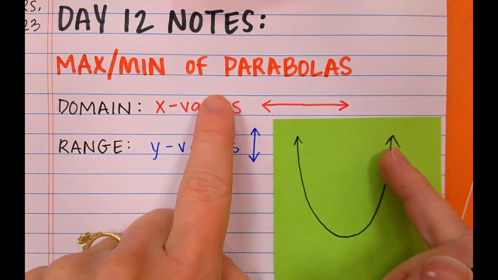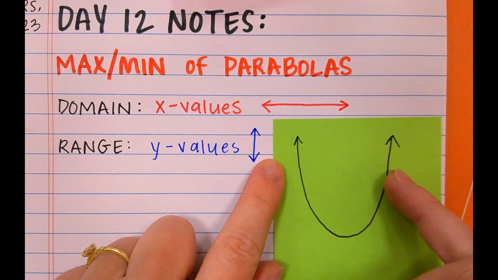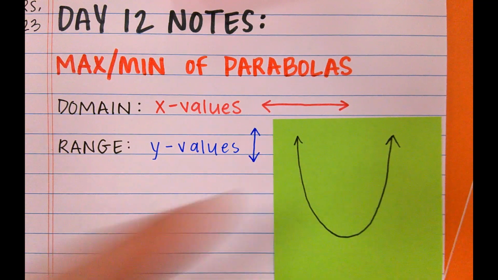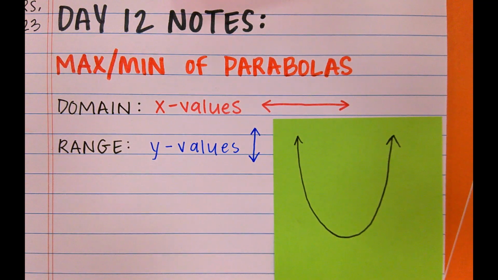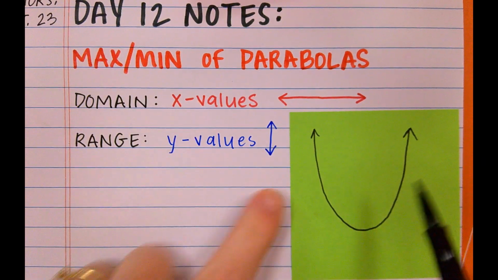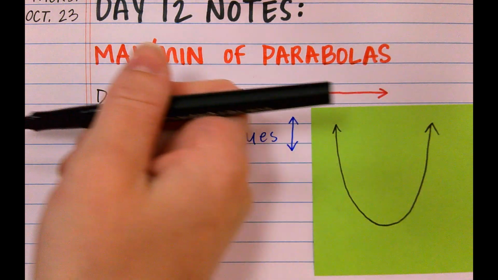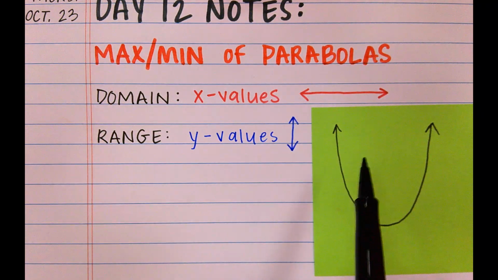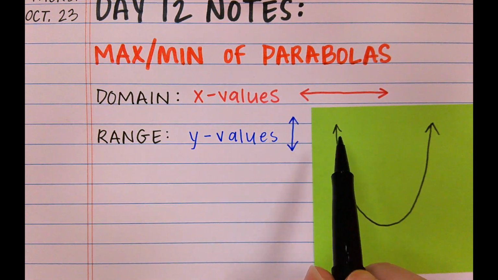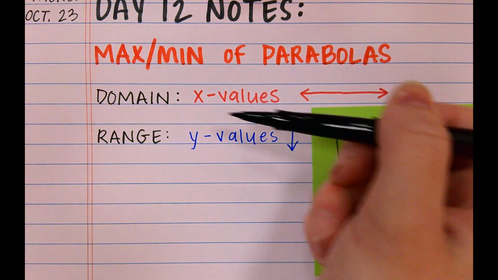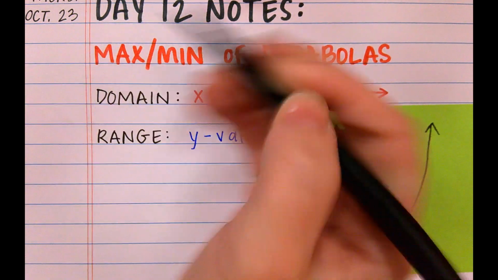So the domain of a parabola is always the same because every parabola extends forever in both directions, left to right. So the domain, if I'm trying to say what is the lowest x value I will reach, there will be no lowest value because it goes to the left forever.